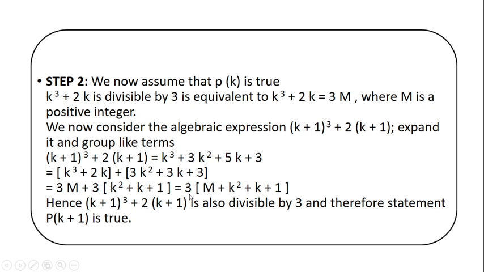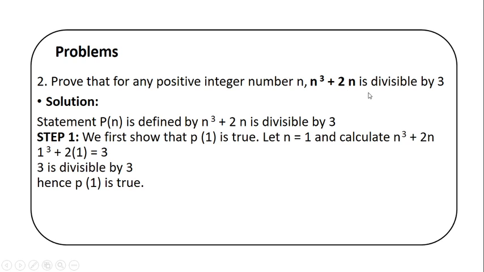Therefore, we can say that it is divisible by 3. Hence, we proved that P of k plus 1 is true whenever P of k is true. From this, we can conclude that the given statement, n cube plus 2n is divisible by 3, is true for any positive integer n.